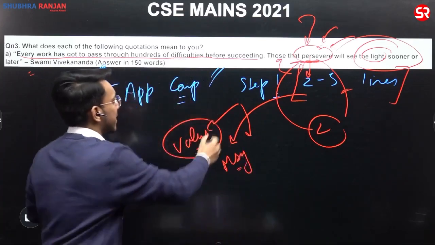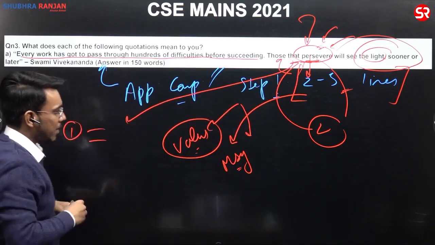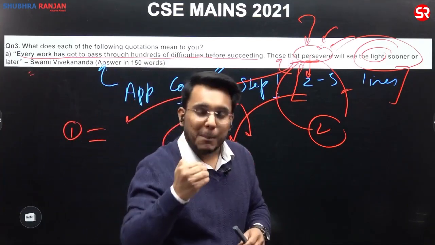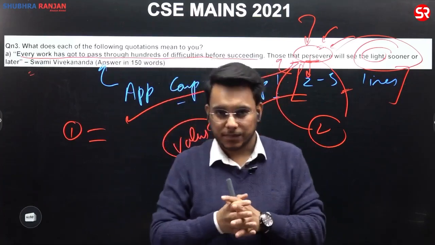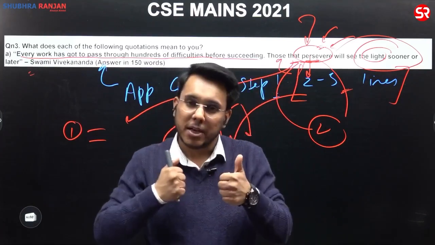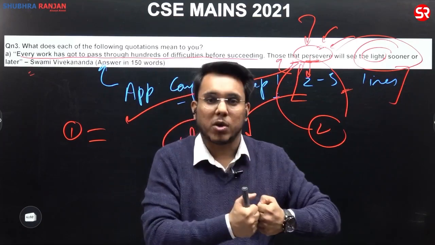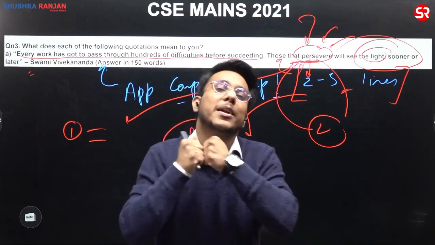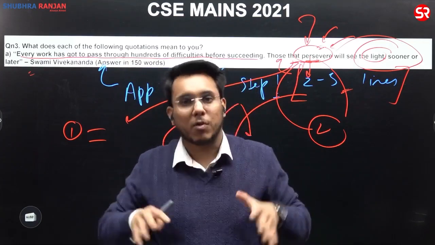Because if perseverance is there, number one, you can maintain a perpetual motion. Look, there are two things. One, you are continuously walking. Sometimes you run, sometimes you walk slowly, sometimes you stroll, but you are maintaining a motion. Situation number two, you stopped walking.